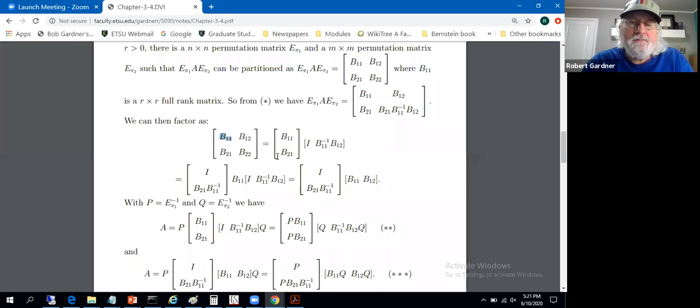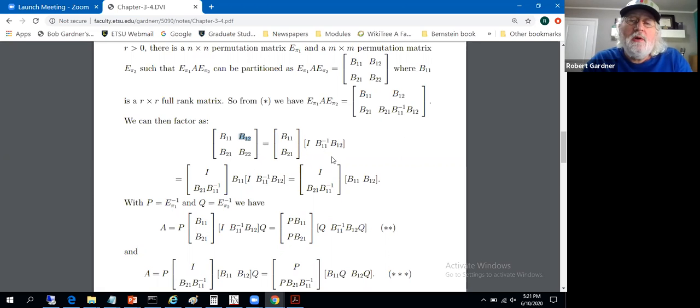There you go. It's not really rows and columns, it's bunches of rows and bunches of columns, but this is how the matrices multiply. Let me continue calling them rows and columns, even though it's misleading. First row, second column, B11 times B11 inverse. That'll leave you with a B12, first row, second column, like it's supposed to. Second row, first column, identity will produce a B21.